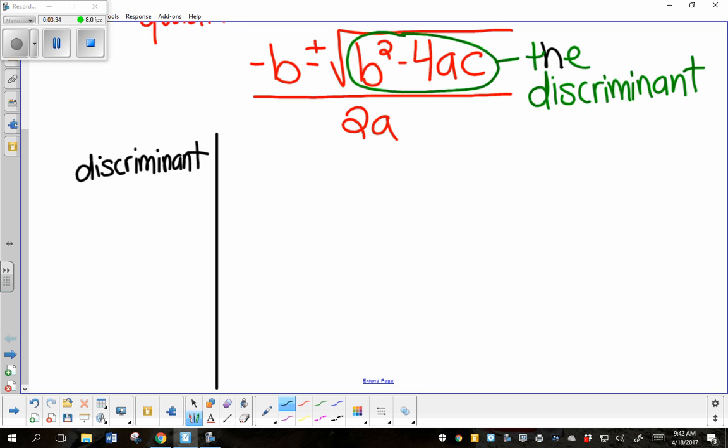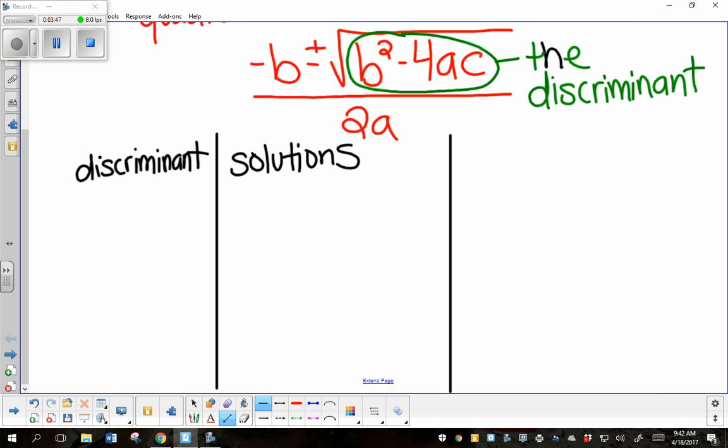In our second column, we're going to say how many and what type of solutions we are going to get with that discriminant. And then in our third column, we'll put an example of that happening.